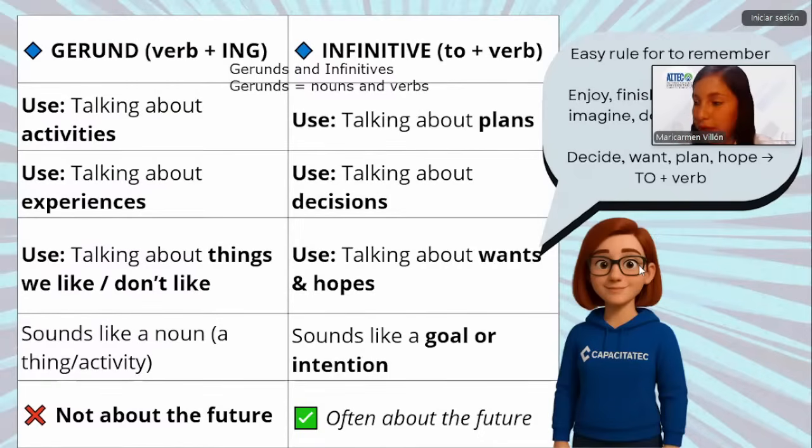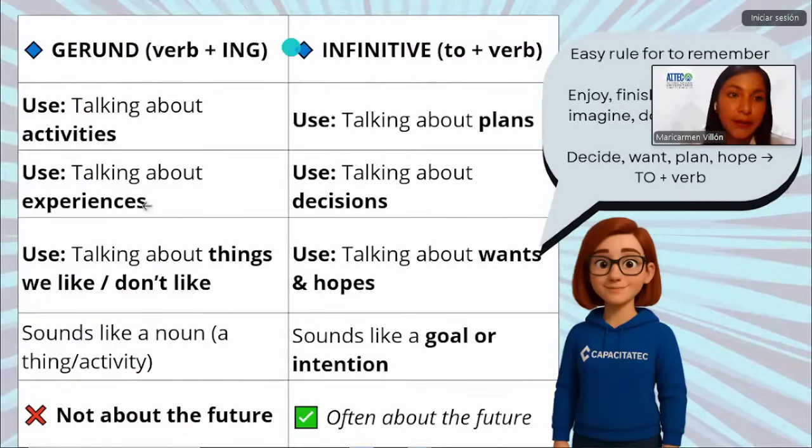Entonces aquí les pongo un cuadrito donde se explica muy bonito lo que queremos entender. Entonces, ¿qué hace el gerund? ¿Qué hacemos? Agregamos ing al verbo. ¿Sí? En cambio, en el infinitive, no, pues agregamos el to antes del verbo. ¿Estamos? ¿Cuáles son sus usos? Veamos aquí. Talking about activities. Cuando se habla de actividades, ¿sí? Cuando vamos a agregar al verbo ing cuando se hablan de actividades.